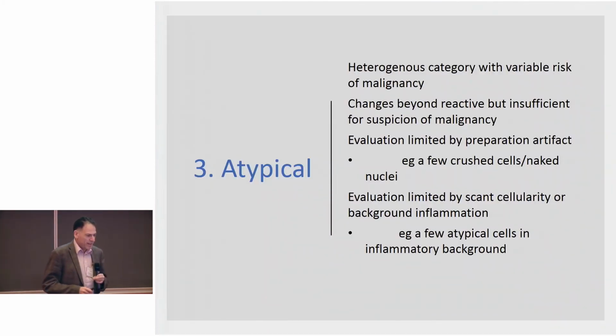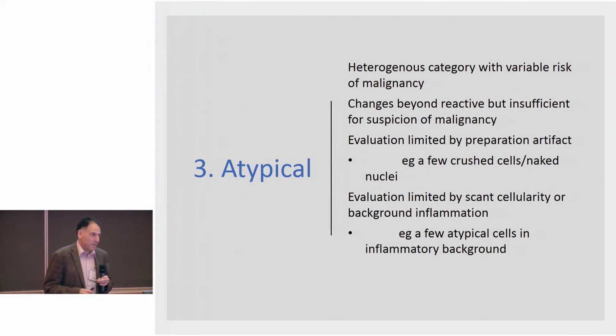The atypical category is a heterogeneous category, where you've got changes which are more worrying than just reactive changes, but not enough to actually call it suspicious of malignancy. It may be that the sample is limited because of preparation artifact, or there's some crushing of the cells, or there's a lot of background inflammation with only very scanty atypical cells.